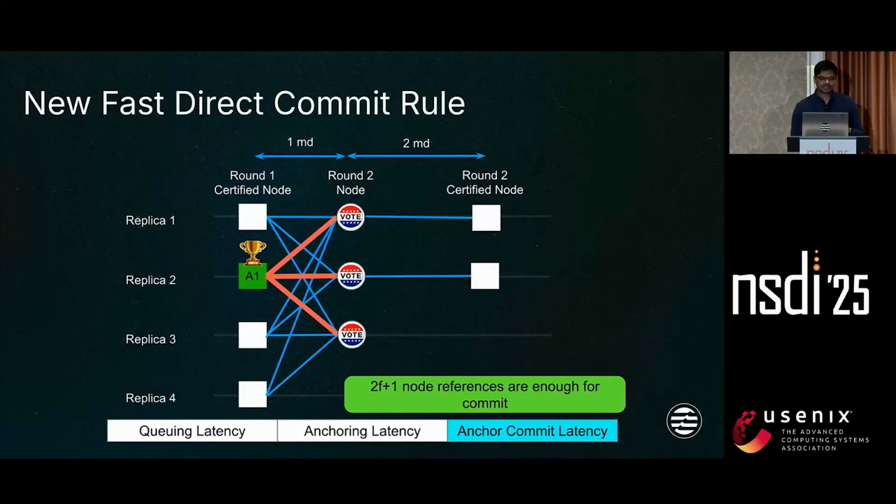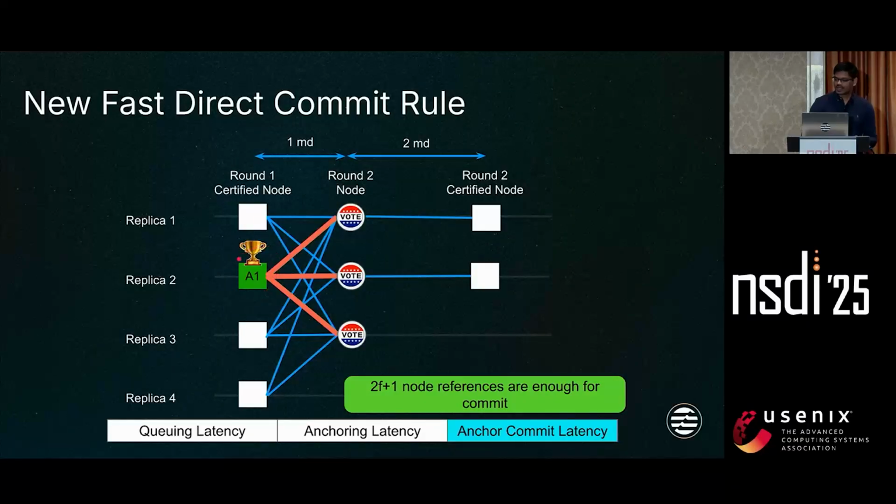In Shoal++, we introduce a new fast direct commit anchor rule, based on the observation that we don't need a certified node to vote for the anchor; we just need a node that refers to the anchor. The way we accomplish this is that all the replicas have the node in just 1 message delay, and they don't have to wait 2 more message delays for it to be certified.